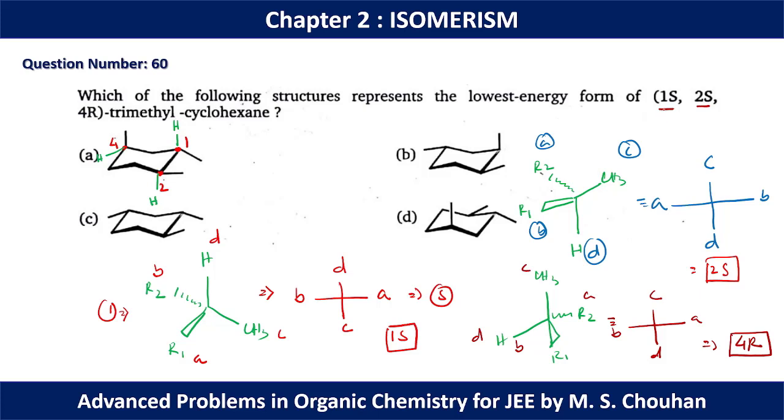So for 1S, 2S and 4R trimethylcyclohexane, option A should be the correct option. Thank you for watching.